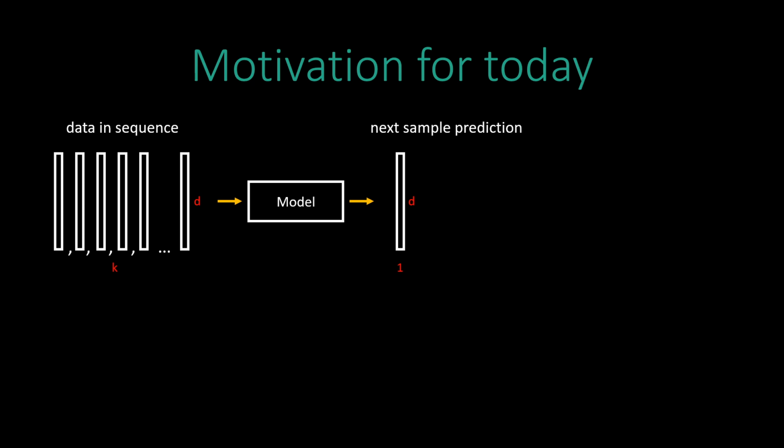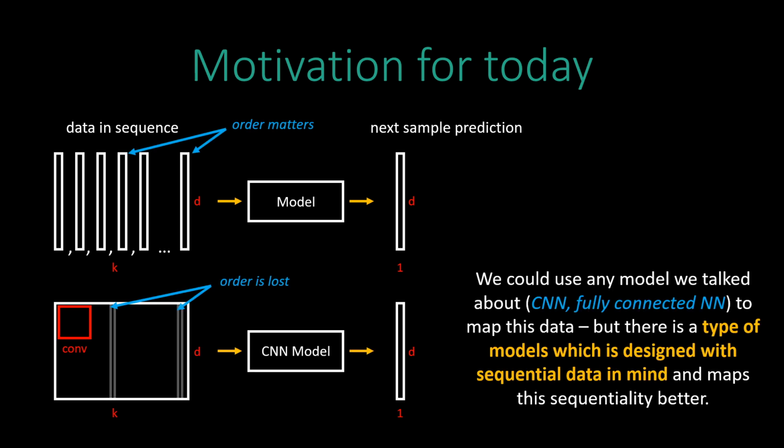If you look at the data that we have here, you could of course consider it as a block of data, and in that case take this data as a full-on block, and we could even use models that we talked about previously, something like a CNN, convolutional neural network, or a fully connected neural network, to map this X and Y and try to learn this relation.